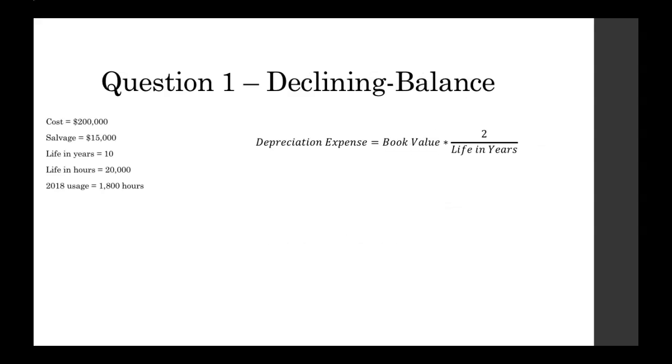So now let's move on to the declining balance method. You'll notice there is nothing about cost or salvage in this equation. It brings up book value, which we'll talk about, and then in your textbook, it mentions it as book value times double the straight line rate.